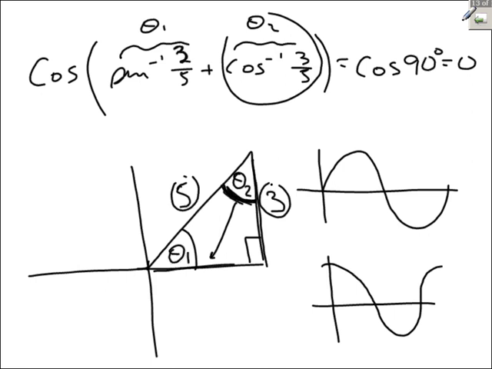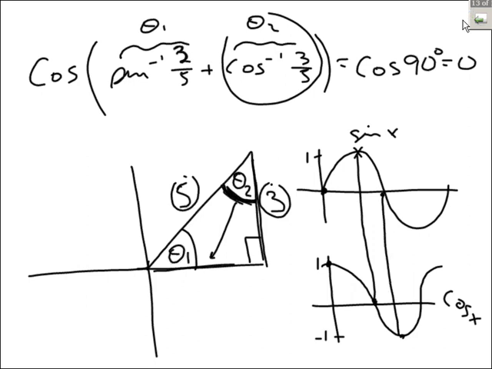Okay, when this is sine and this is cosine: when sine is 0, cosine is 1. When sine is 1, cosine is 0. When cosine is negative 1, the sine is 0.